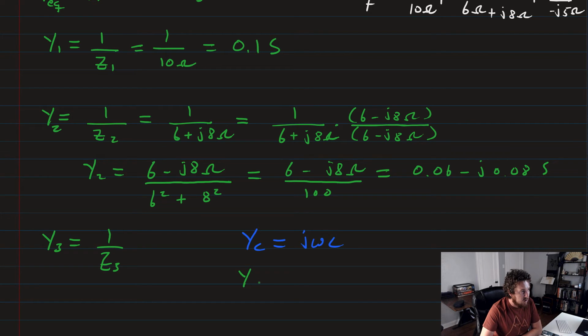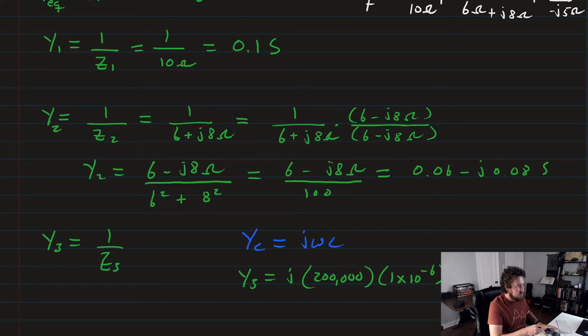That'll be y3 is equal to j times 200,000 times the capacitance, which was 1 times 10 to the negative 6. Let's put that in our calculator. 200,000 times 1 times 10 to the negative 6 is 0.2. So that's going to be j0.2 Siemens.